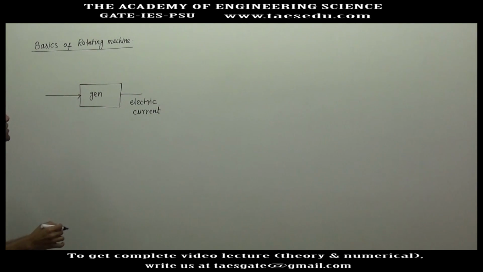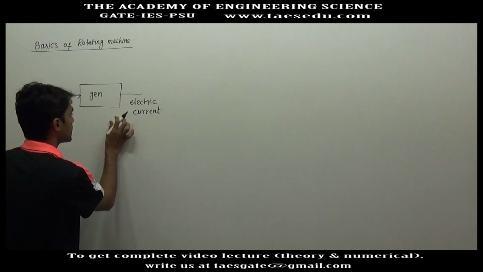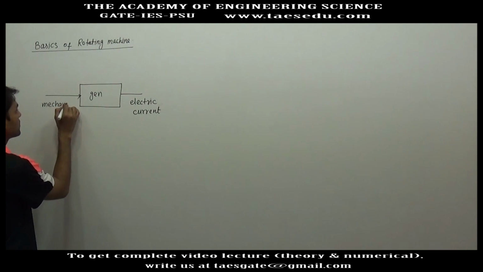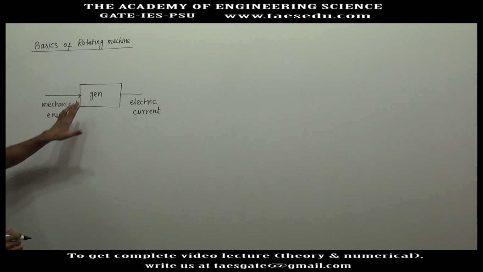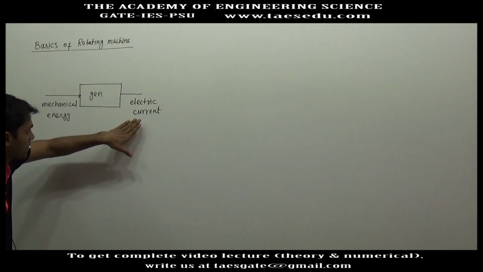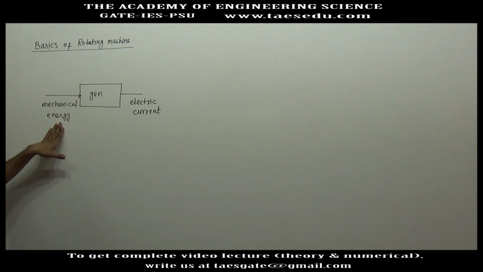So normally in a generator, to get an electric current or electrical energy, we have to give mechanical energy. It is not necessarily mechanical energy, but before conversion to electrical energy, the energy is in mechanical form. It may come from another form also.